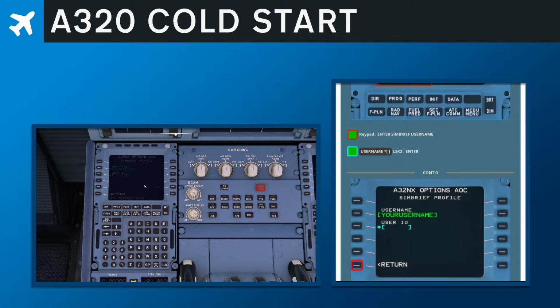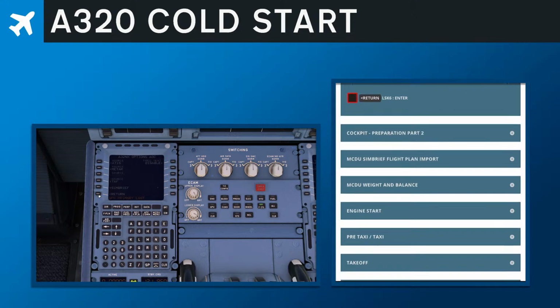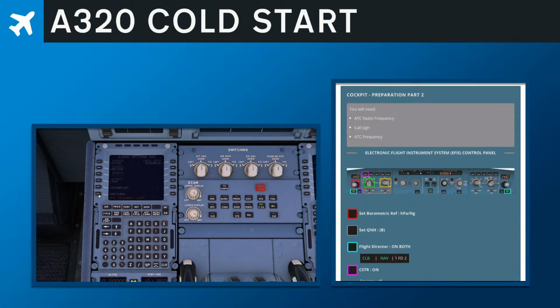So that is now done. Now what we do is press return, which is LSK6. There you go. Right, so preparation part 2. We've done some of the basic cockpit preparation, and we've set up our MCDU to receive the flight plan from SimBrief, which we'll get to in a minute.